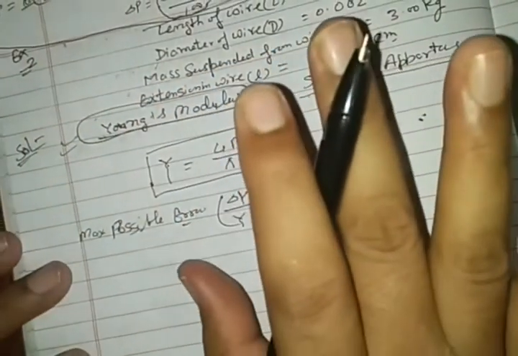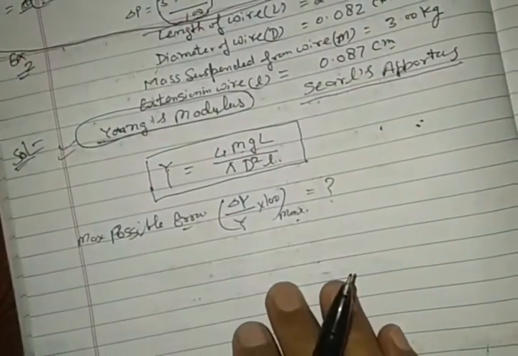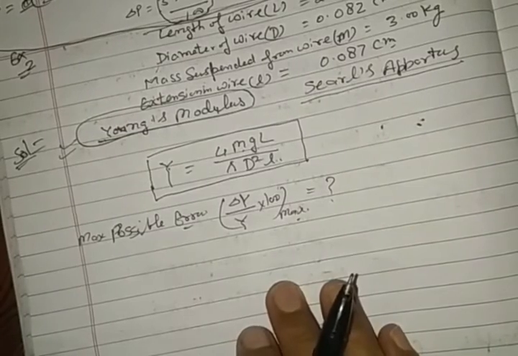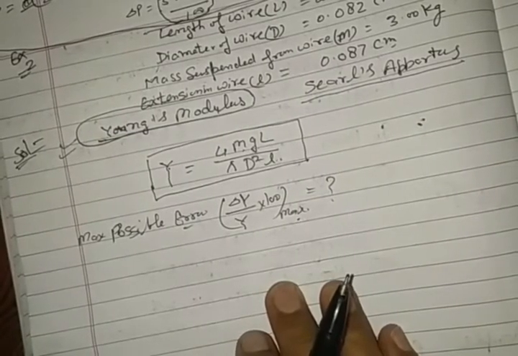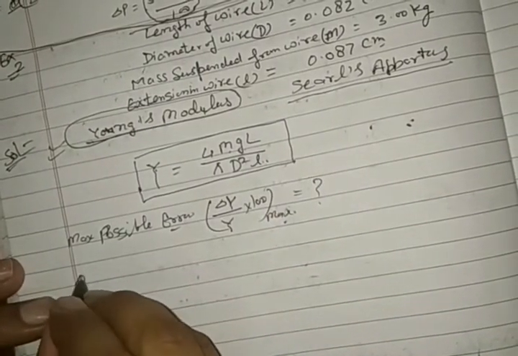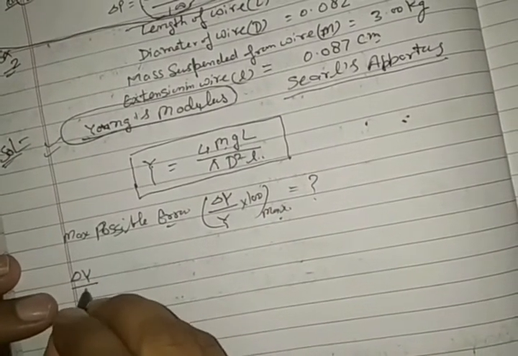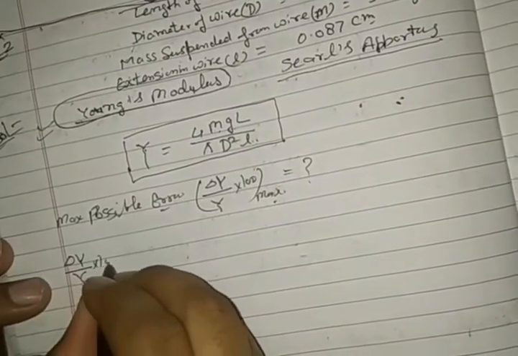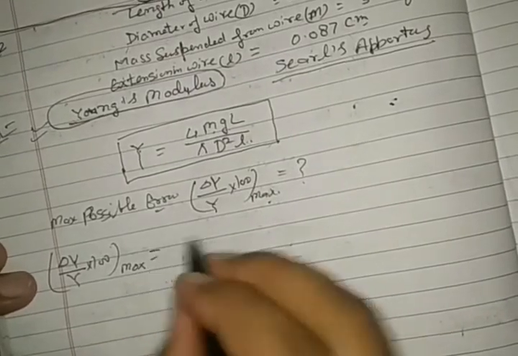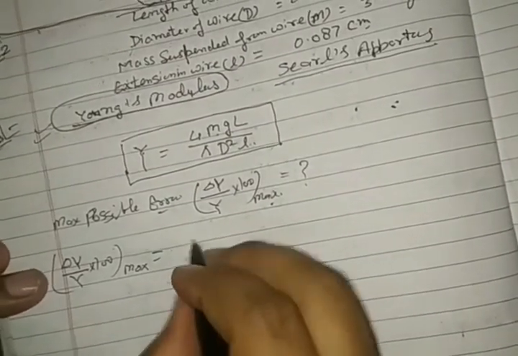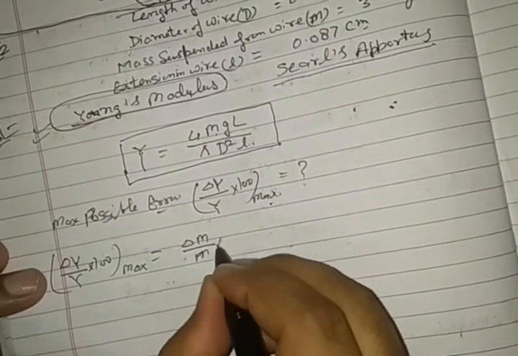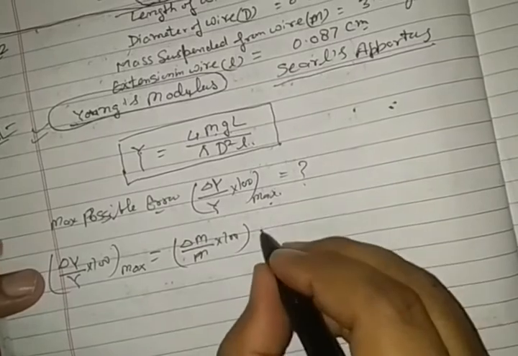See very carefully, students, this question. You will learn a lot of things while doing the question. My focus is on the question. What are the things you will learn? Here see maximum error while doing the experiment. Maximum percentage error in this case is dependent on 4 quantities. The first is mass, delta m by m into 100.